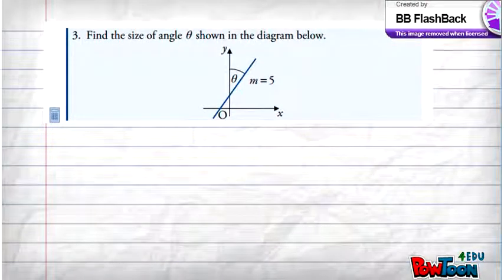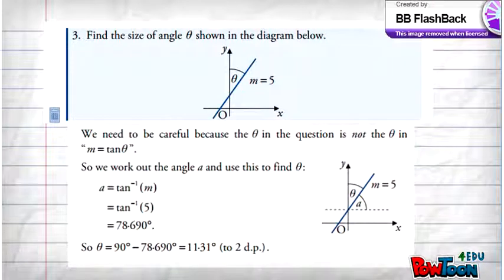Now, here's another example to try. Find the size of the angle theta shown in the diagram below. So try that one. And here's the answer. We need to be careful because that theta isn't the theta of m equals tan theta.